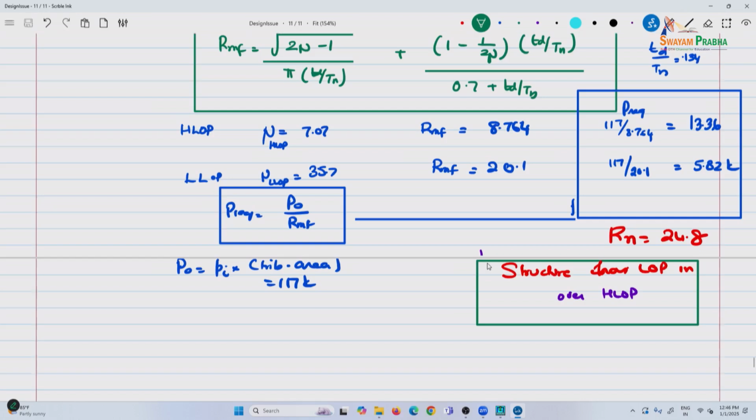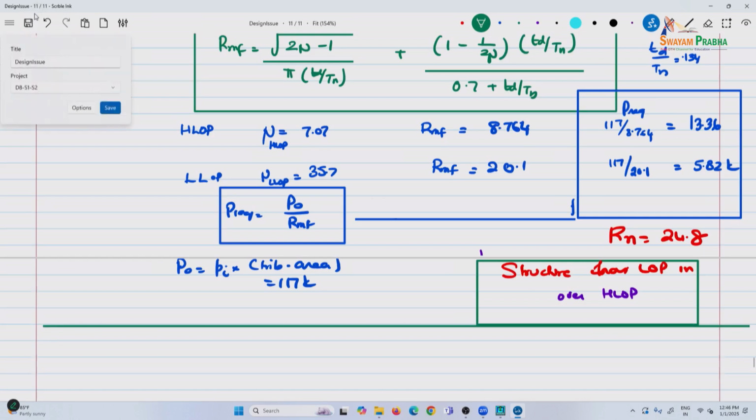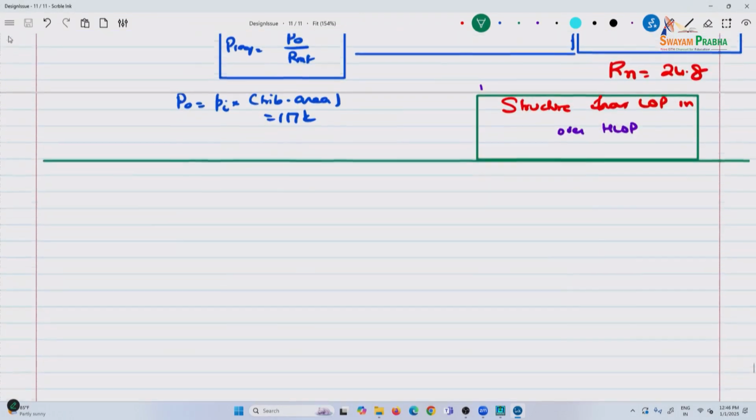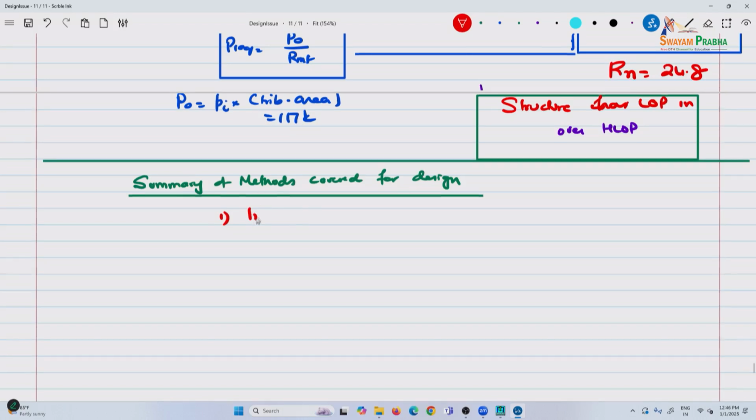So I think with that we come to a conclusion. Aspects of the methods of design: one was the equation approach.